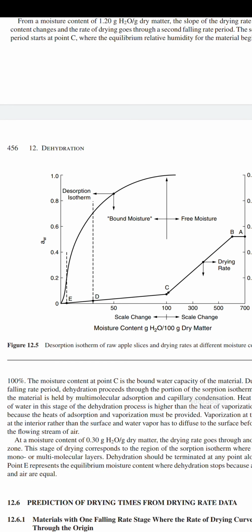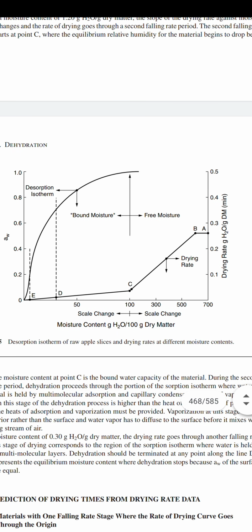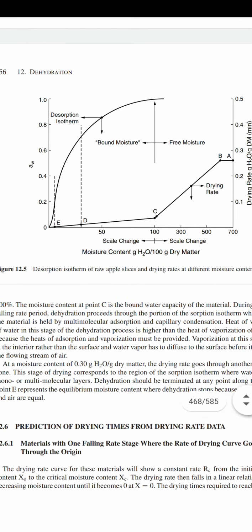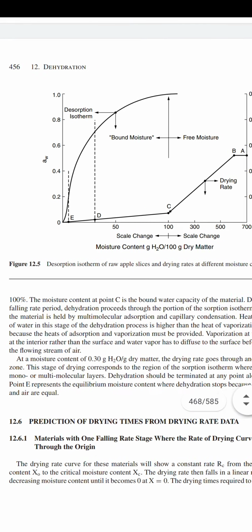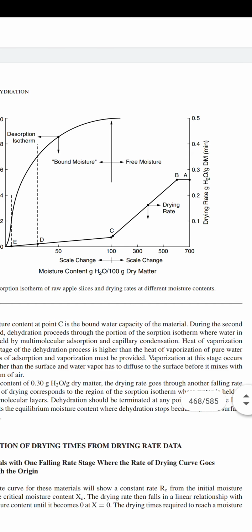The moisture content at point C is the bound water capacity of the material. That means after C, whatever moisture content there is, that is the bound water moisture content of that food material. During the second falling rate period, dehydration proceeds through a portion of the sorption isotherm.